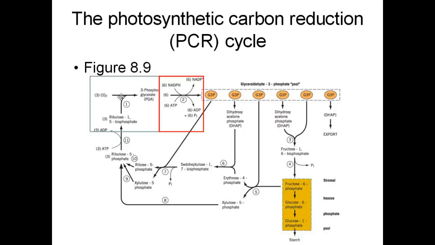So think about this. A tree in the leaf is fixing a lot of carbon, but it's fixing one carbon at a time, period. Every time that cycle turns, every time these reactions occur, you get one extra carbon fixed. That's a lot of light reactions that are needed for the dark reactions to occur, okay?